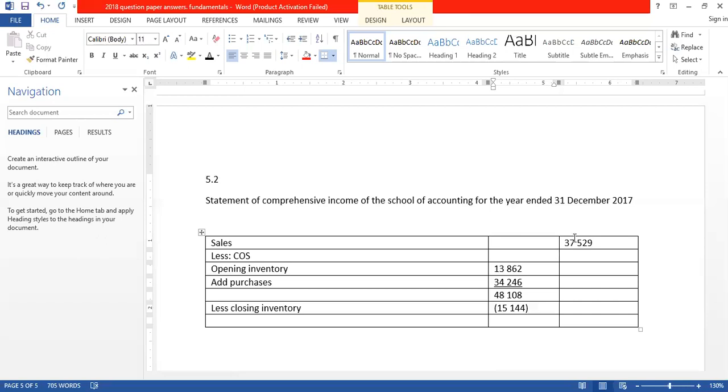And then from there you get your total cost of sales of 32,964. So 32,964 is your total cost of sales amount.